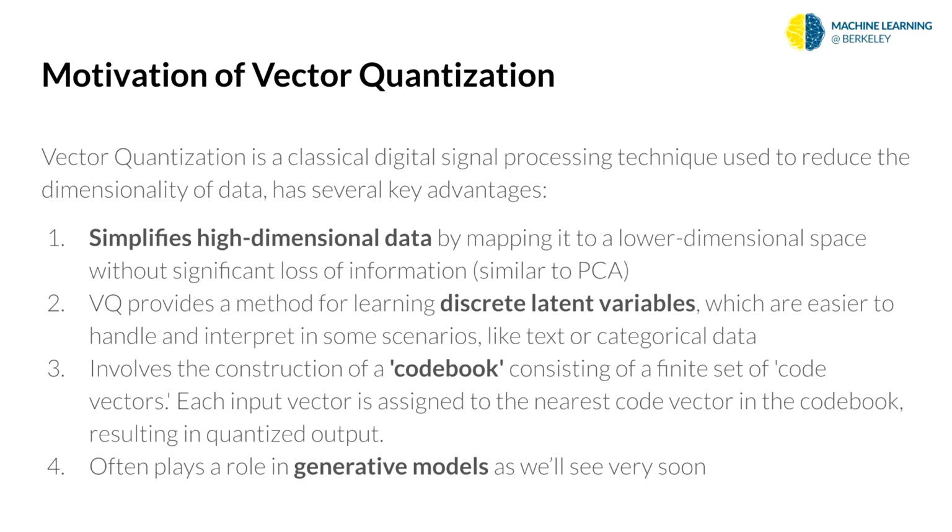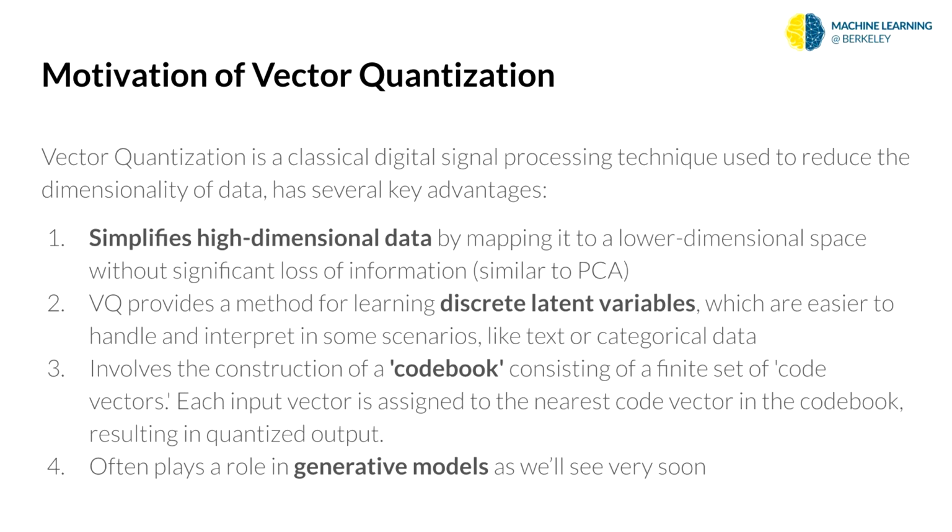Second, VQ provides a method for learning discrete latent variables. As we'll see later in this lecture, this idea is used in VQ-VAEs as well as some other models. The reason we want to use discrete latent variables versus continuous variables has a couple of different reasons, and we'll go into this further later.